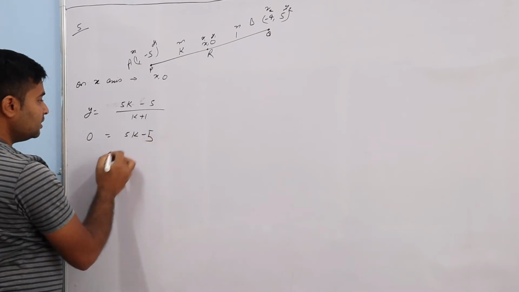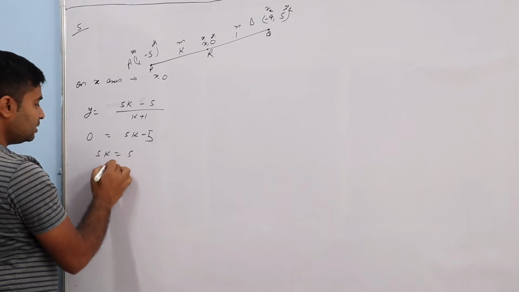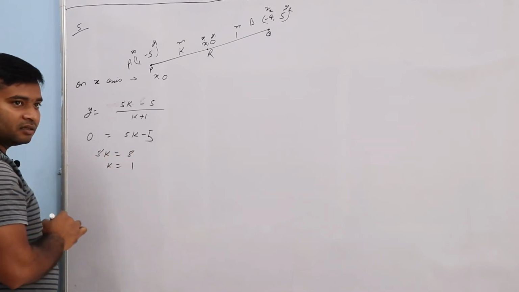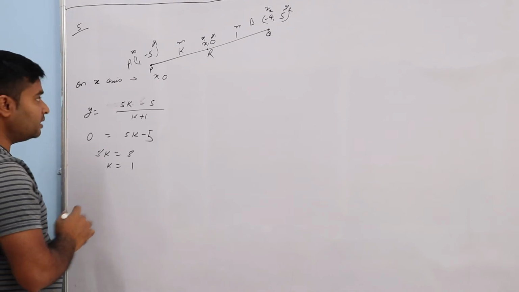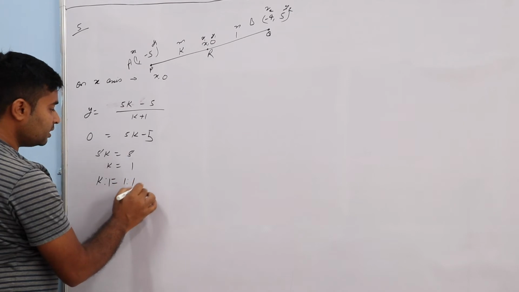Then bring this minus 5 to this side. So 5k is equal to 5, the 5s cancel, k is equal to 1. Now the ratio k is to 1 is equal to 1 is to 1.